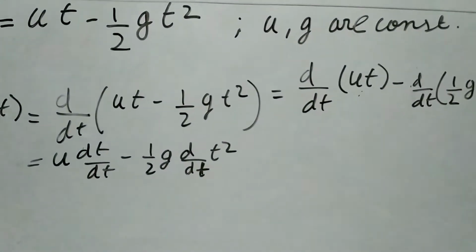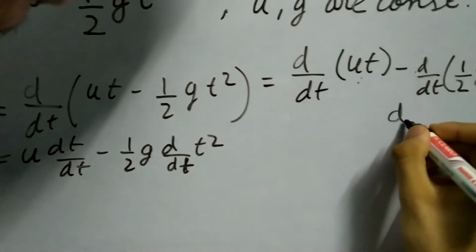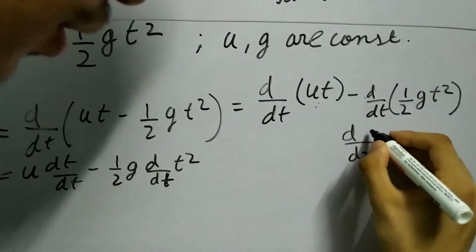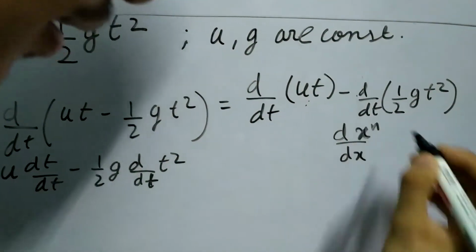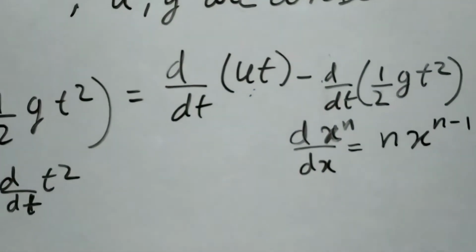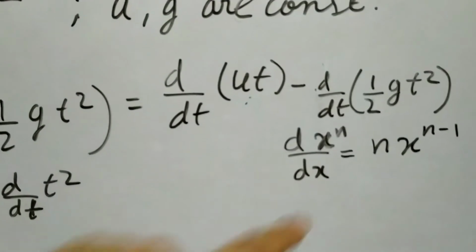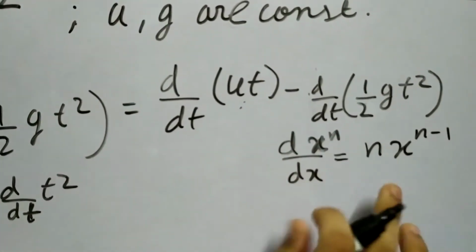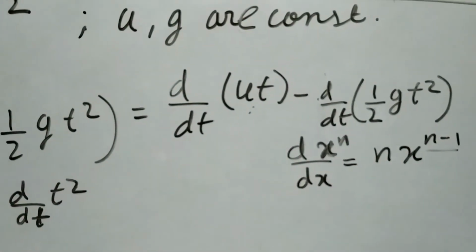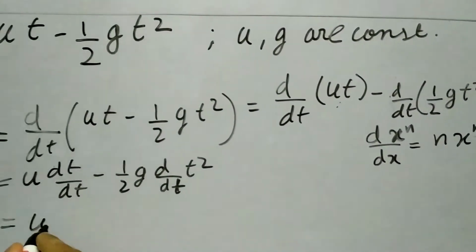Now if you remember the differentiation of x to the n with respect to x, you can do this for sure. d by dx of x to the n is n x to the n minus 1. So if n is equal to 1, x to the 0 becomes 1, and you're left with 1. So d by dt of t is nothing but 1.